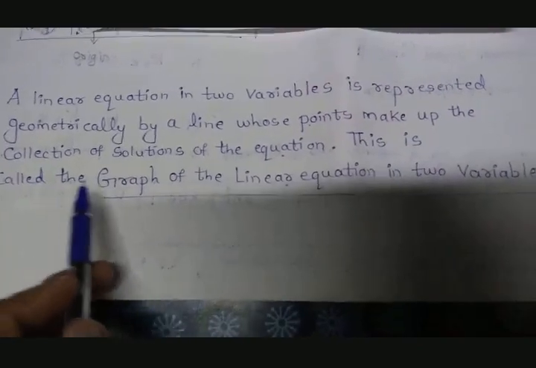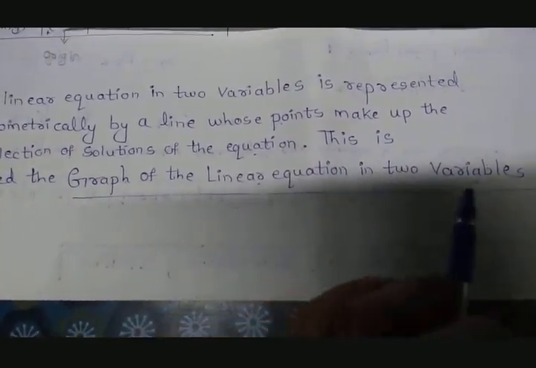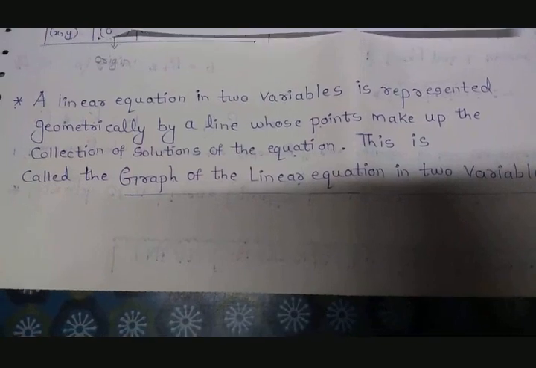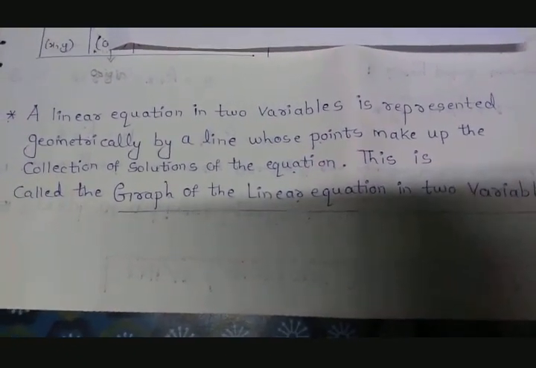So this is called the graph of a linear equation in two variables. I hope this definition is clear. It is nothing but a geometrical representation of a line whose points make up the collection of solutions of the given equation. So this concludes the topic graph of a linear equation in two variables.